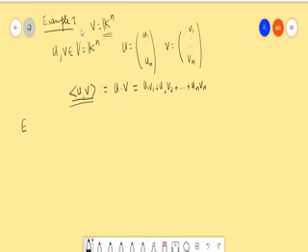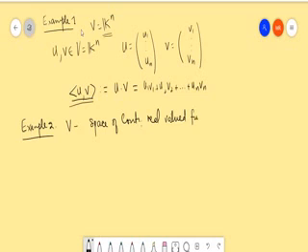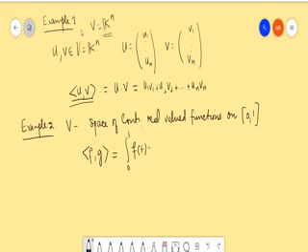Example 2. V is the space of continuous functions on [0, 1], and the scalar product of any two functions we define by an integral from 0 to 1 of f(t) g(t) dt.